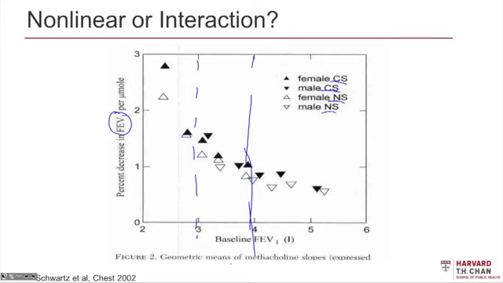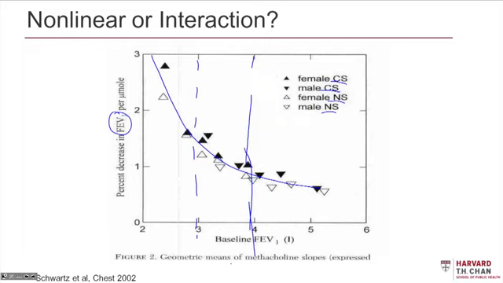But if I look at this plot, which is by quartiles, right, I see that in fact everything seems to basically lie on the same curve, with the difference being that the black dots are basically all above the curve and the white triangles are basically all below the curve.